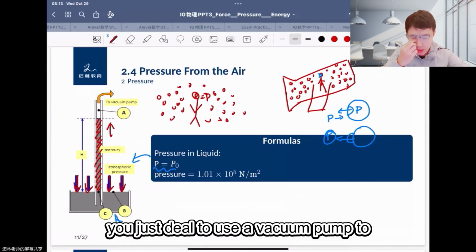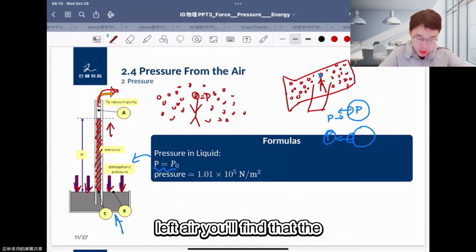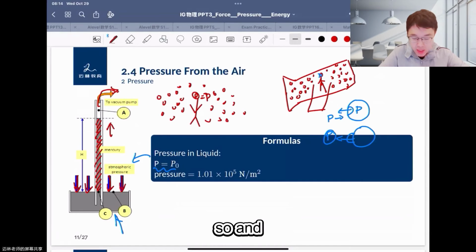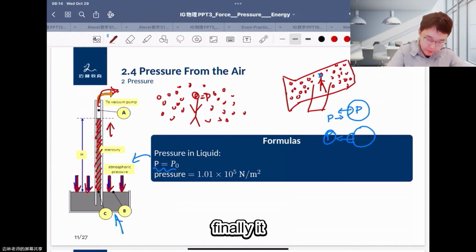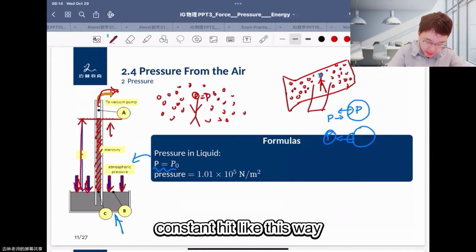If you still use a vacuum pump to remove the left air, you'll find that the level of the liquid also increases, and finally it reaches a constant height.